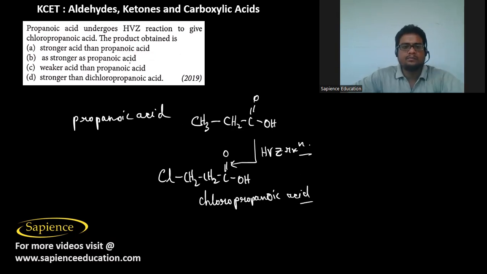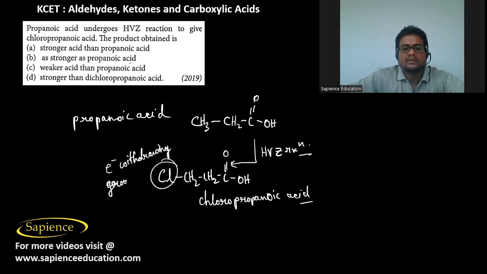So here we have to find out whether the product obtained is stronger than propanoic acid or as strong as propanoic acid. Here the Cl, as we know, is an electron withdrawing group. It means that it has a minus I effect, or negative inductive effect.